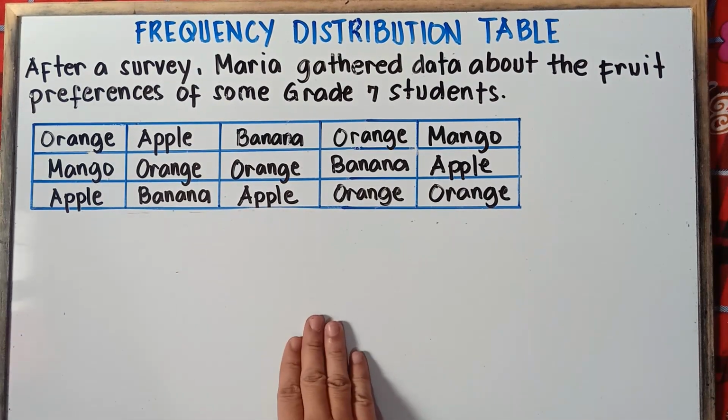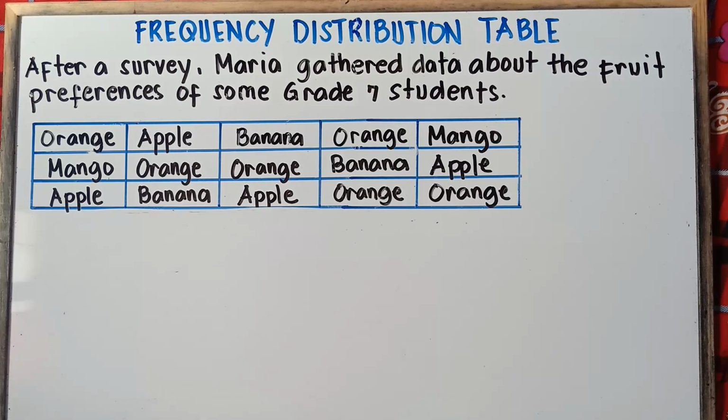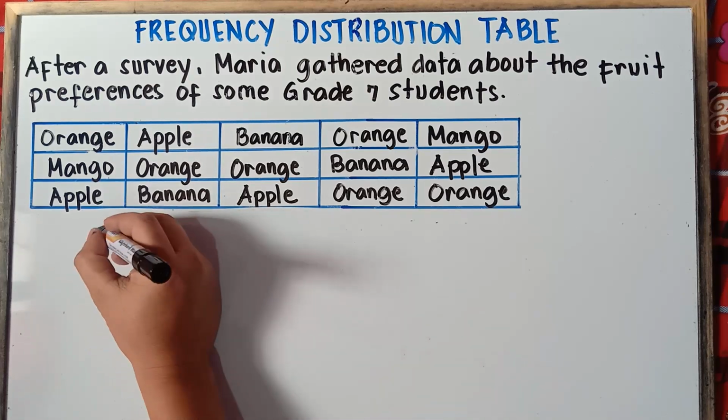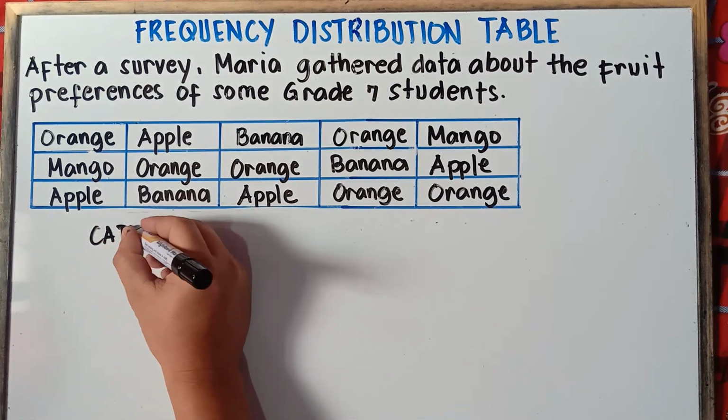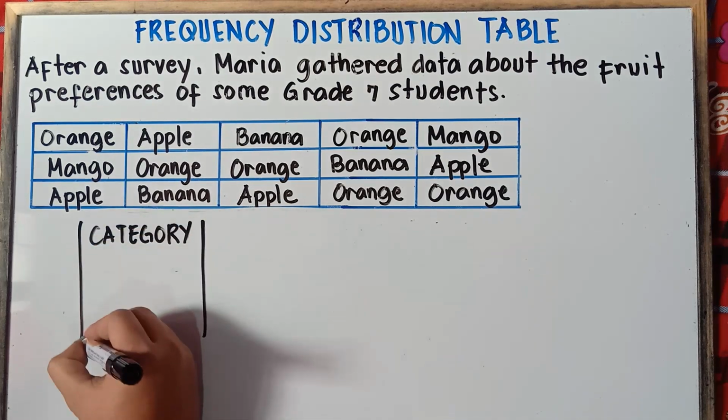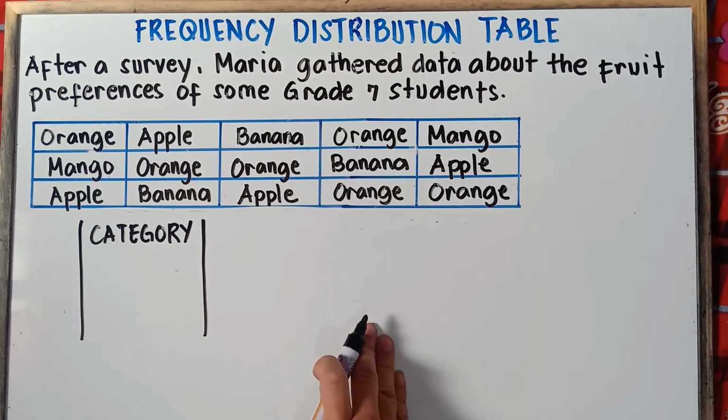Once again, class, the first thing to do is make a table for you to be guided. Before we make a table, let's have a rough sketch first. This is just a rough sketch for us to be guided. Later on, we will make the table.